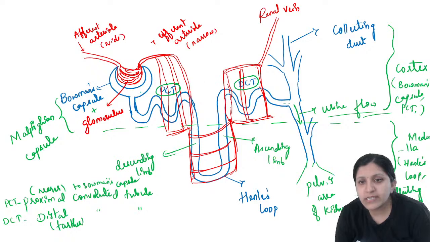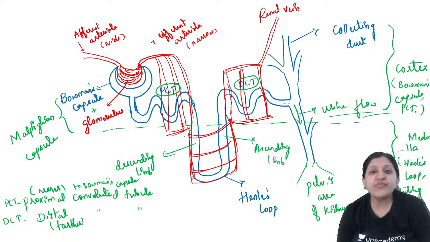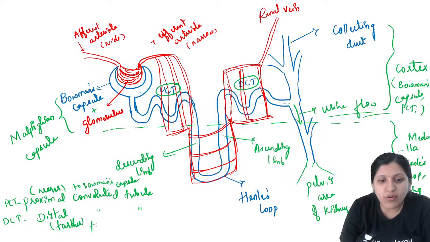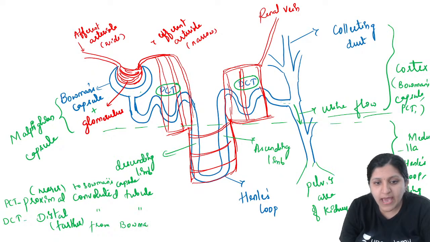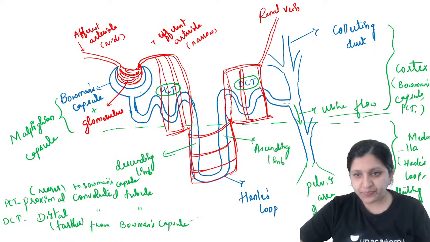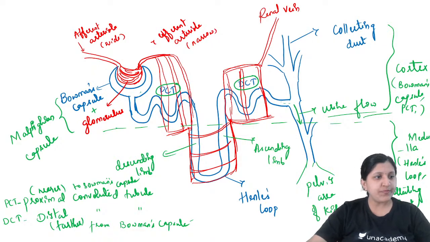You can see the distance over here. That is why it is named the distal convoluted tubule. Is this clear about the structure?